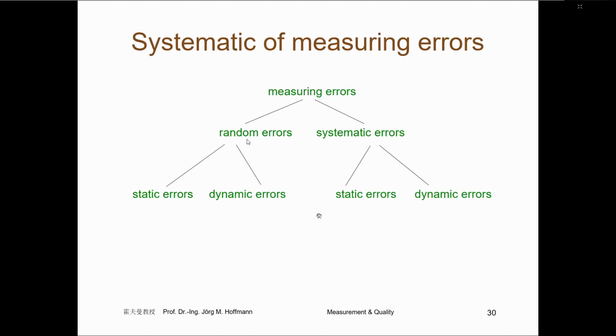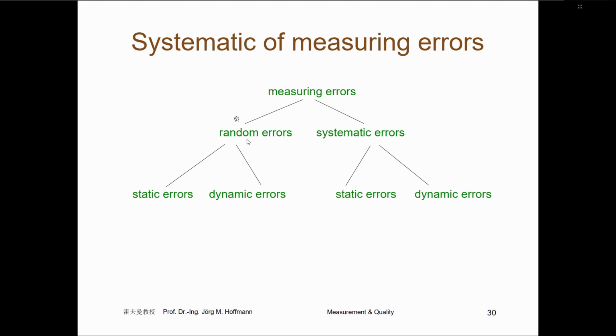The systematic of measuring errors shows that we have two big kinds of errors: the random errors and the systematic errors.